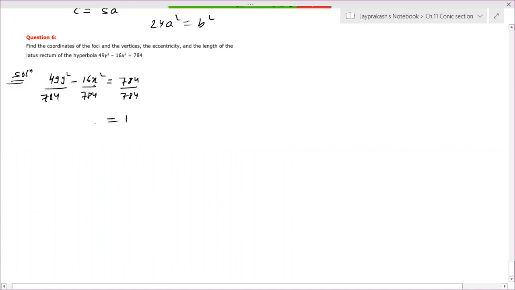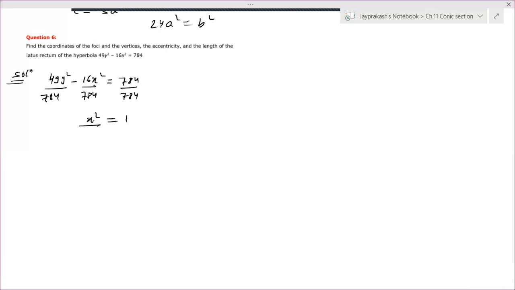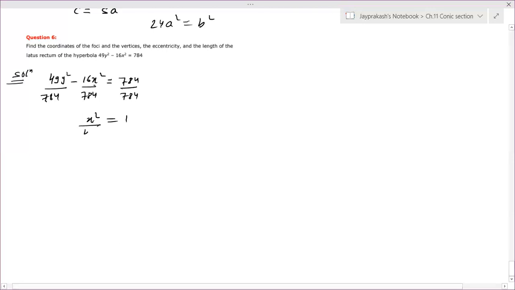So this side 1, and this side y square upon 784 divided by 49 is 16, and x square upon 784 divided by 16 is 49. Not x square, it's y square.